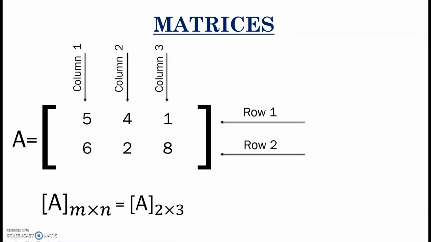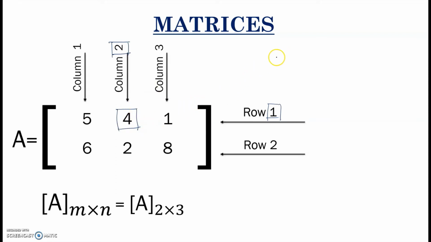Now let's try and identify items which are inside this matrix. Let's identify an item which is in row 1 and column 2. Our row 1 is this and our column 2 is this. So what item falls in row 1 and column 2? You can see it's this item, 4.